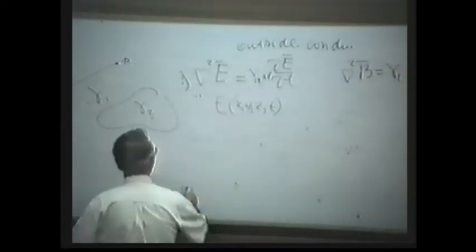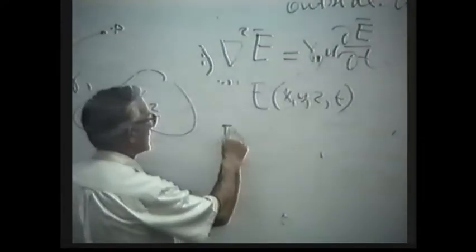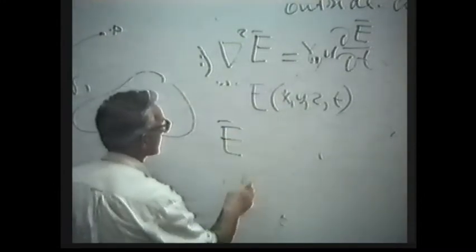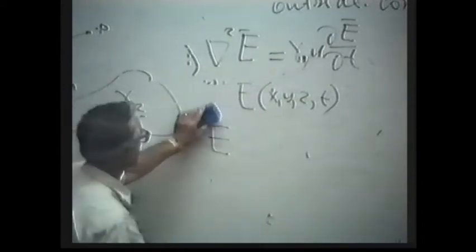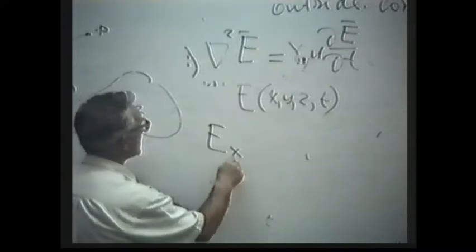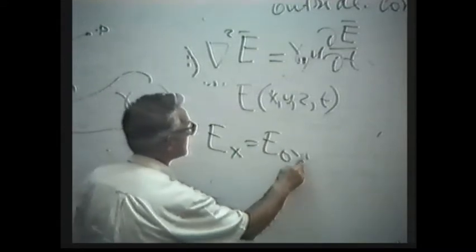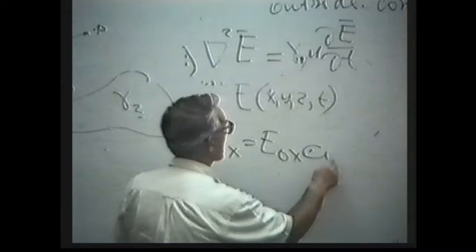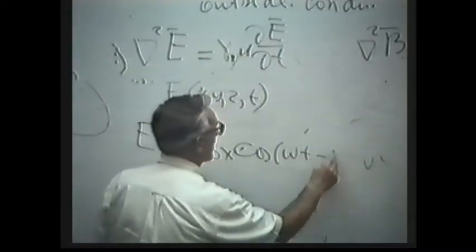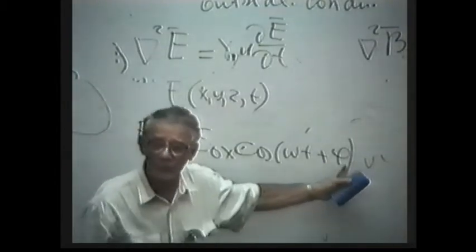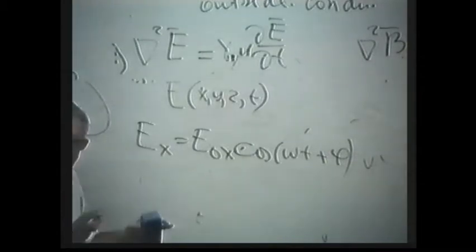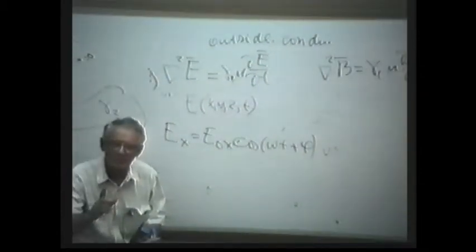As before, I showed you the electrical field. Let me take any component of the electrical field, for instance, Ex is equal to E naught x times cosine of omega t plus or minus phase. We don't know the amplitude, we don't know the phase. So maybe it's possible to present it in a much more pleasant form.